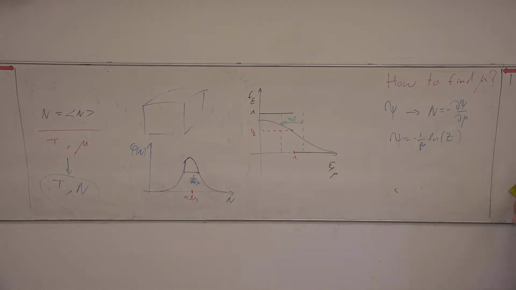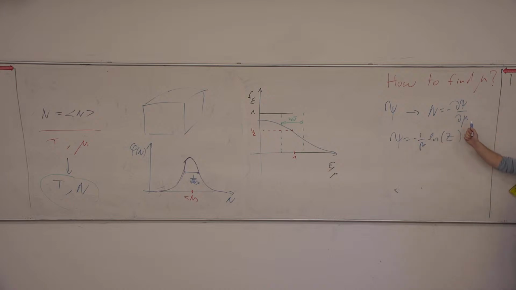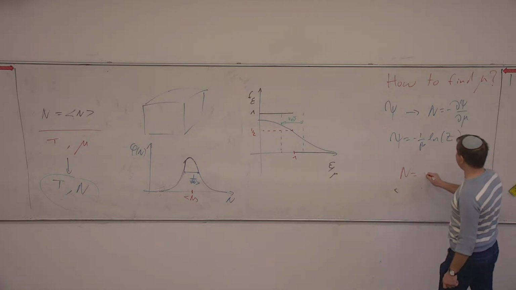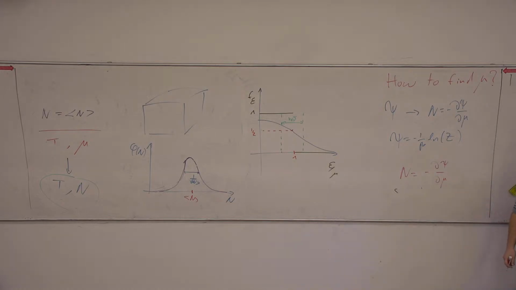I know Z, it somehow depends on mu, so I plug it inside my partition function, I find my grand canonical potential. The moment that I have my grand canonical potential, I take a derivative of it with respect to mu, plug in a minus sign, and I have N. And then I take this equation, N equals minus d psi to d mu, and afterwards I solve it.